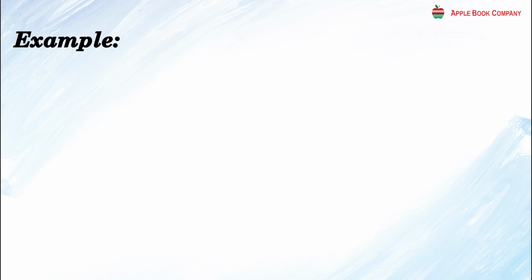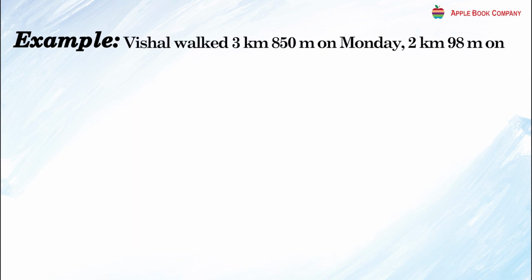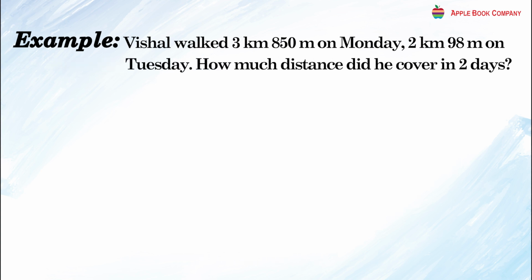Example: Vishal walked 3 kilometers 850 meters on Monday, 2 kilometers 98 meters on Tuesday. How much distance did he cover in 2 days? Write the solution statement. So convert it into kilometers before adding.